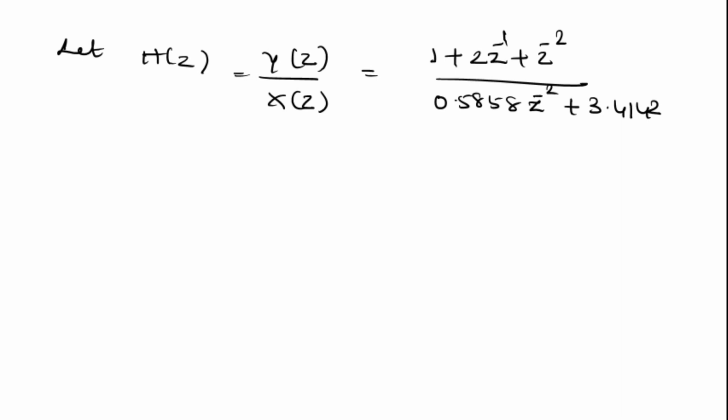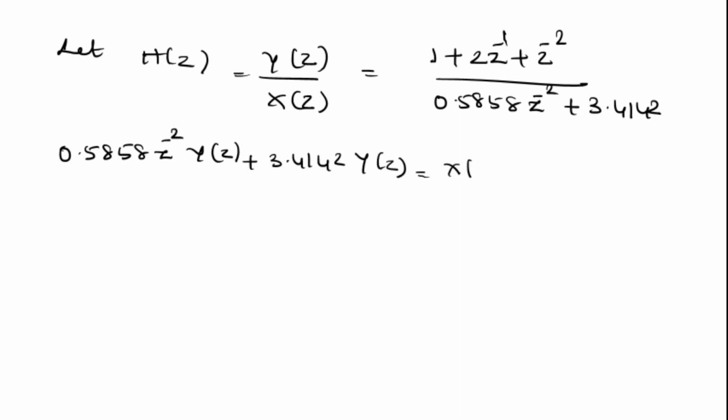Now cross multiplying, we get 0.5858 z⁻² Y(z) + 3.4142 Y(z) is equal to X(z) + 2z⁻¹ X(z) + z⁻² X(z).